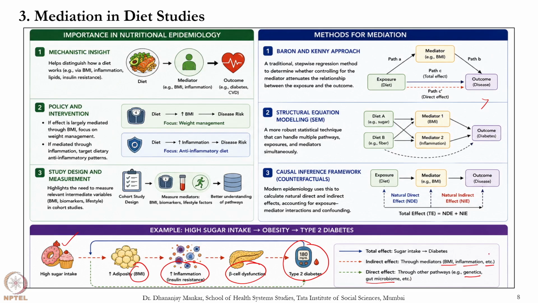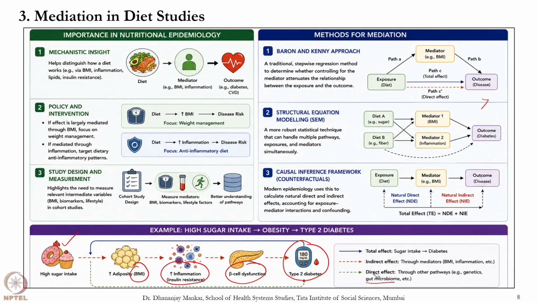So the total effect will be seen as the indirect effect plus the direct effect. Okay. So this is a clear explanation of how the total effect is calculated.